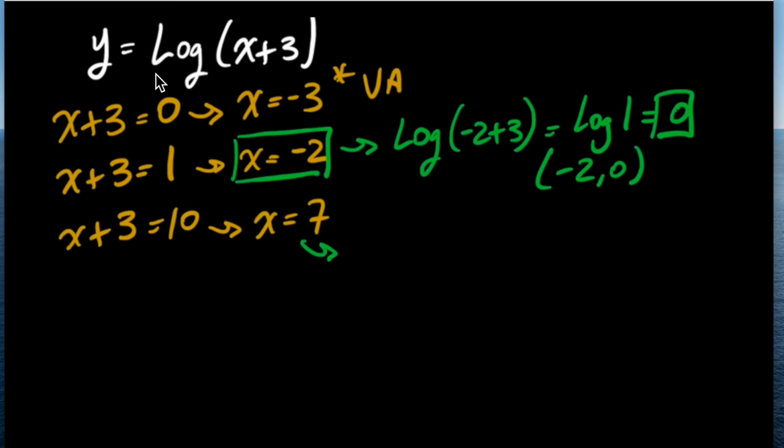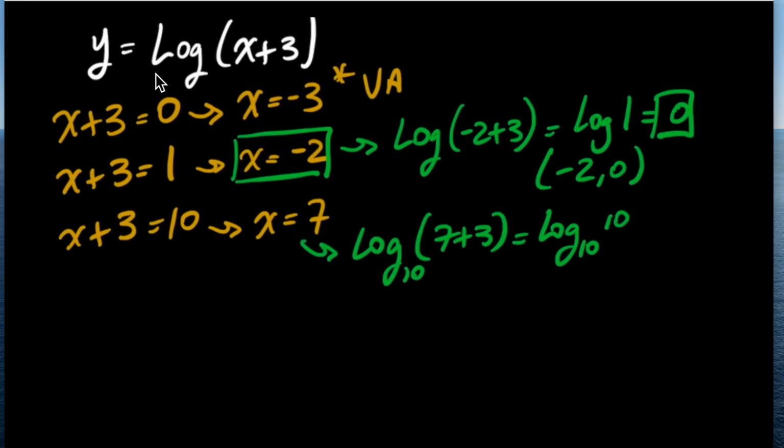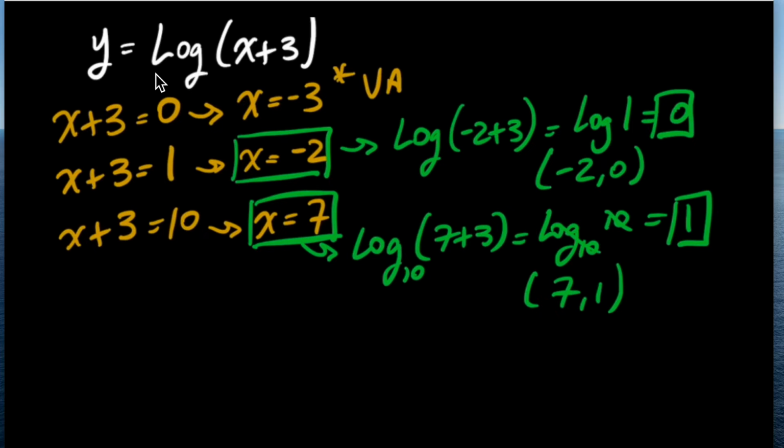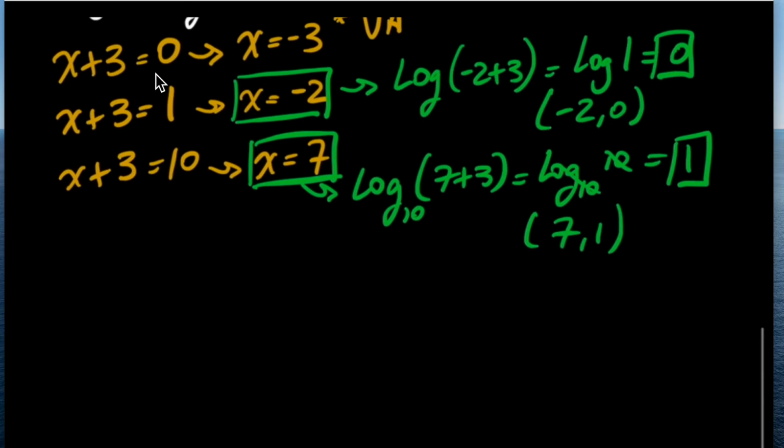Over here, we're going to plug in 7 into the original equation. Don't forget, it has the base 10. We're going to have log base 10 of 10, and that's going to give us 1. Our second point, therefore, is going to be 7, 1. Now let's go ahead and graph it.